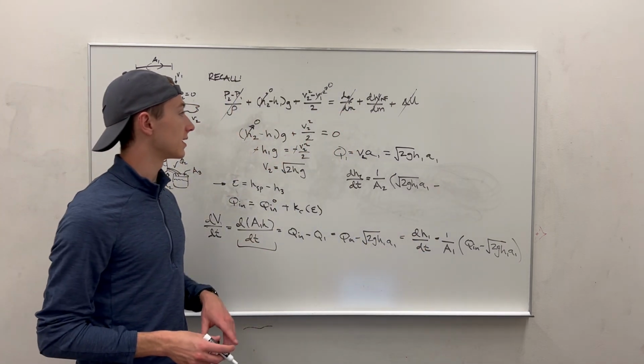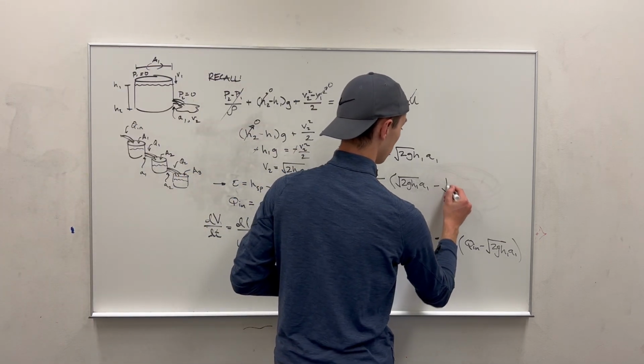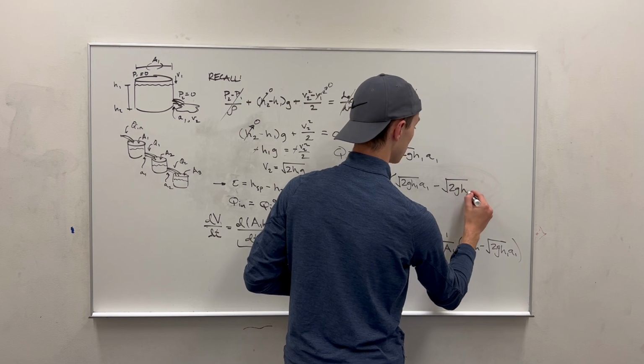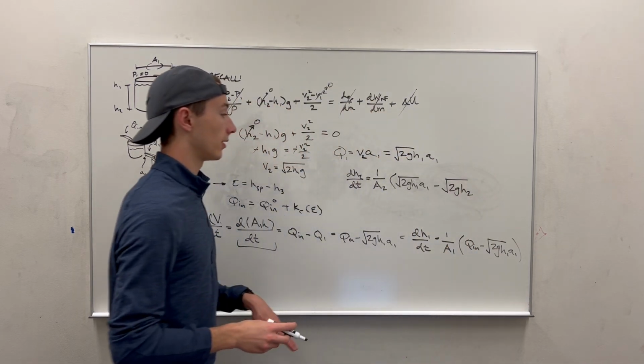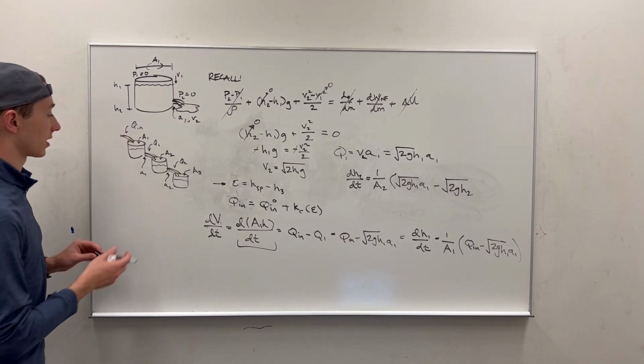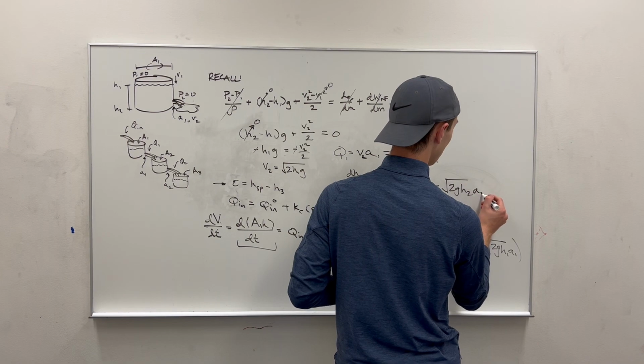Well, it just follows the same pattern as what we just went through before, right? So we have 2G, H2A2. When I write H2 here, I'm not talking about H2 in our original problem, I'm talking about tank 2, okay?